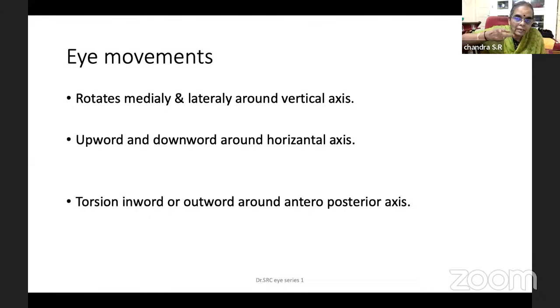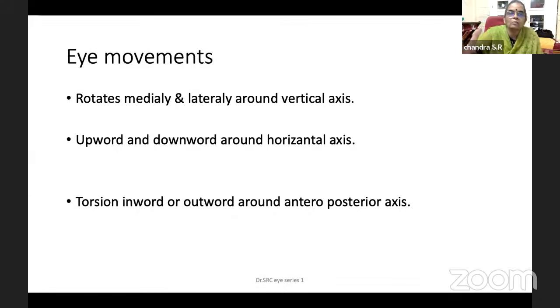So you have got an anterior-posterior axis in which torsion takes place, and a horizontal axis in which upward and downward movement takes place, and you have got a vertical axis in which medial and lateral movement takes place. So medial lateral movement is through the vertical axis, up and down through the horizontal axis, and torsional movements in an anterior-posterior axis, intorsion, extorsion.